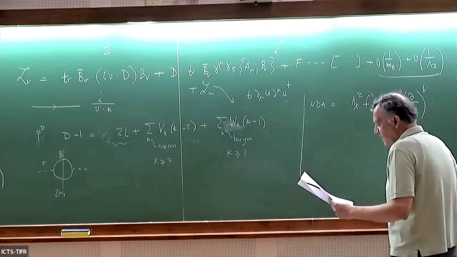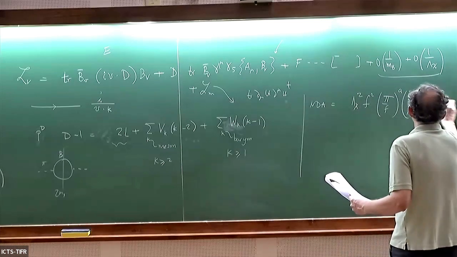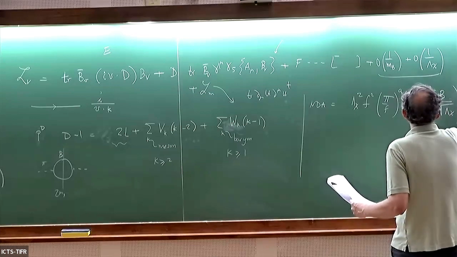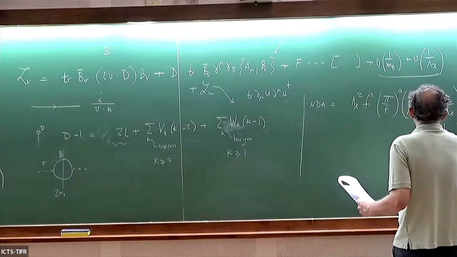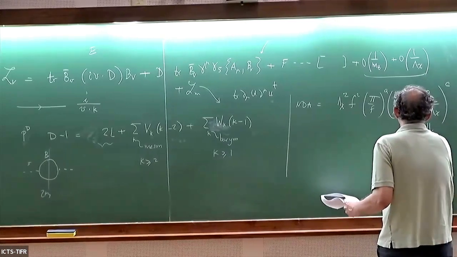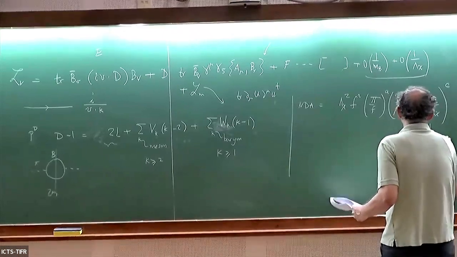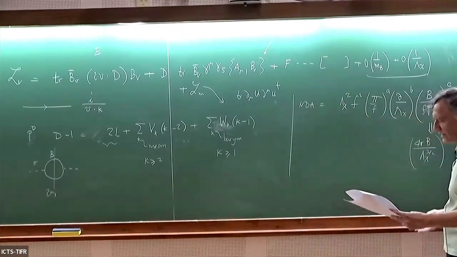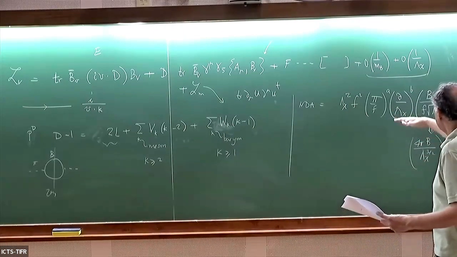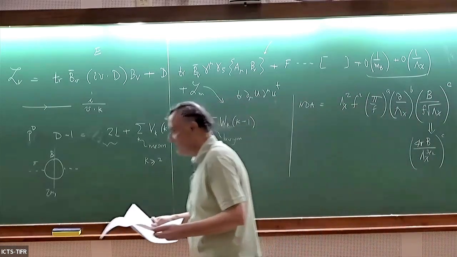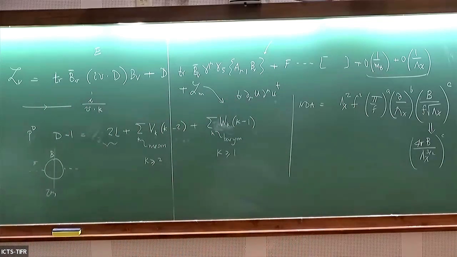And now the only new feature is that you have a baryon over f square root of lambda chi to the c, or equivalently, this is 4 pi times the baryon field over lambda chi to the 3/2 to the c. So this is consistent with our old power counting. There's a 4 pi for every field, and then this gives you the power counting. Okay, so this is the setup.